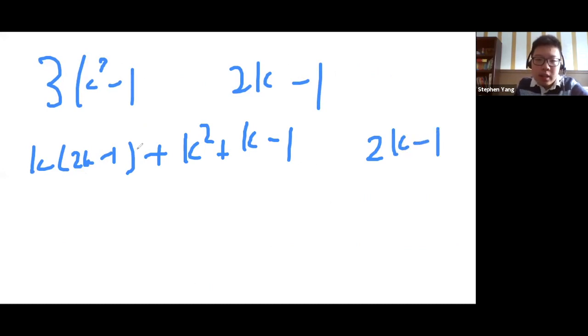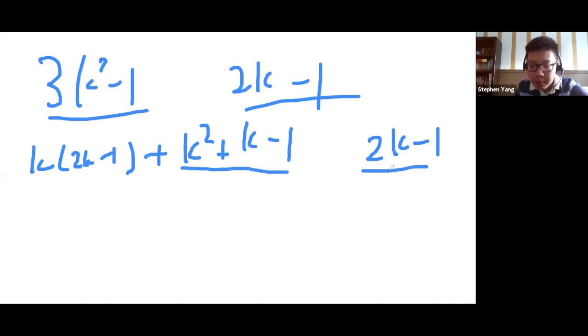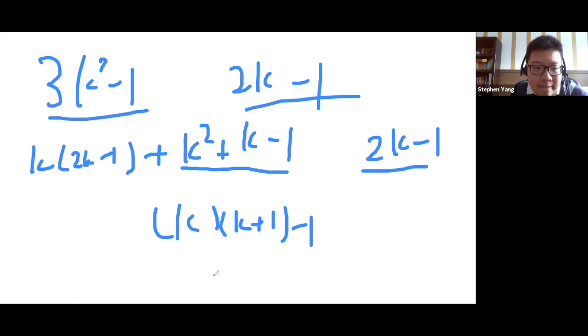So finding the greatest common factor of these two is equivalent to finding the greatest common factor of these two. Now, this term is k times k plus 1 minus 1.